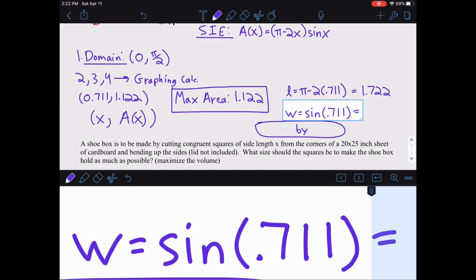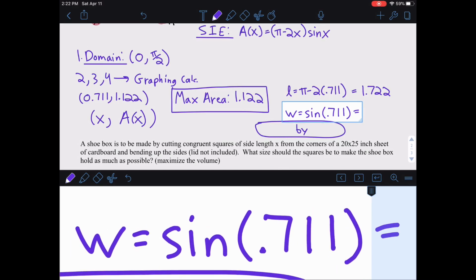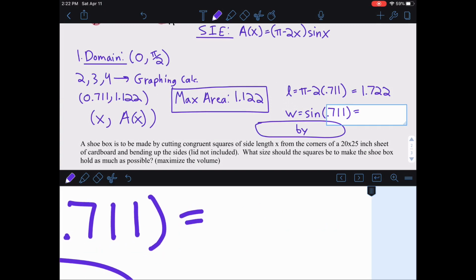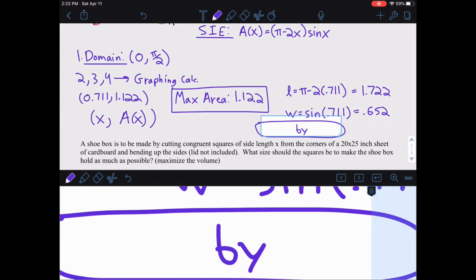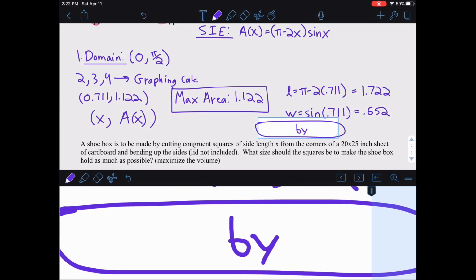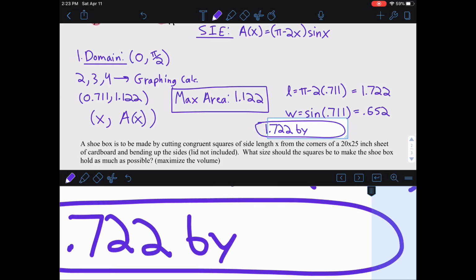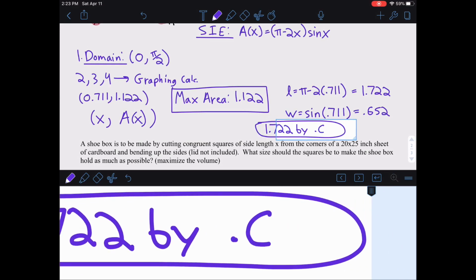We should be in radians from the very start of this, right? Sine of 0.711 is going to be 0.652. And so the dimensions that give me the largest possible area are length by width, 1.722 by 0.652.